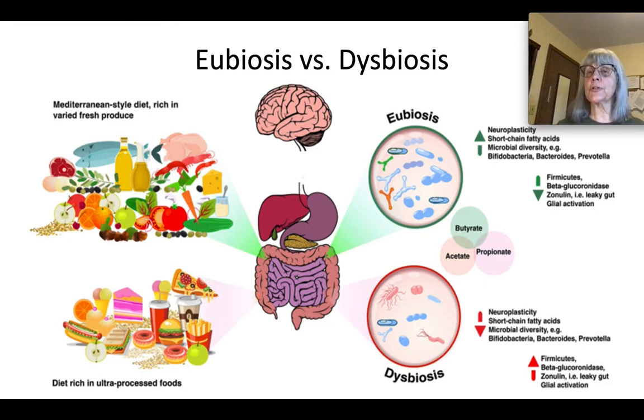What they have found in the state of eubiosis is the production of certain components from these bacteria, short-chain fatty acids, which are used in our body for making other things. Also, there's an increase in microbial diversity, so you have many different types of microbes living in that gut, and they are the good types of microbes.